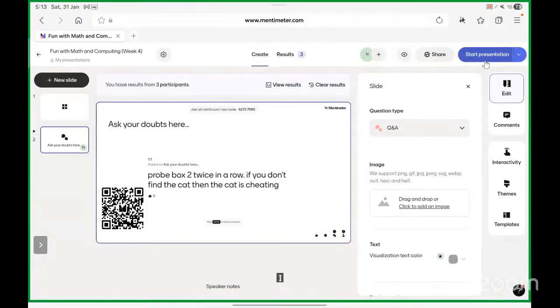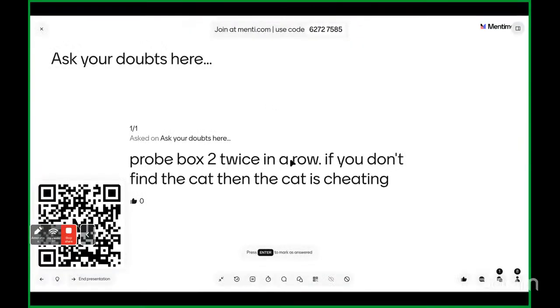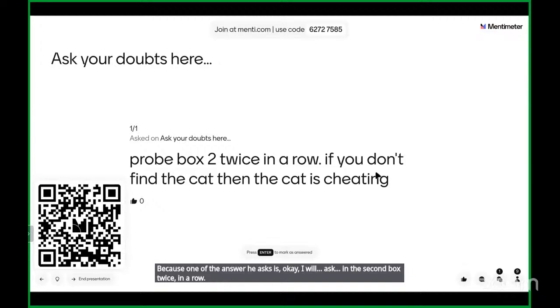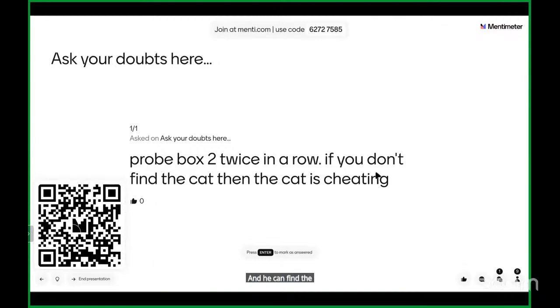I hope now this is clear. One of the answers given is that I will ask in the second box twice in a row, and he can find the box, as he is claiming. So any other suggestions?